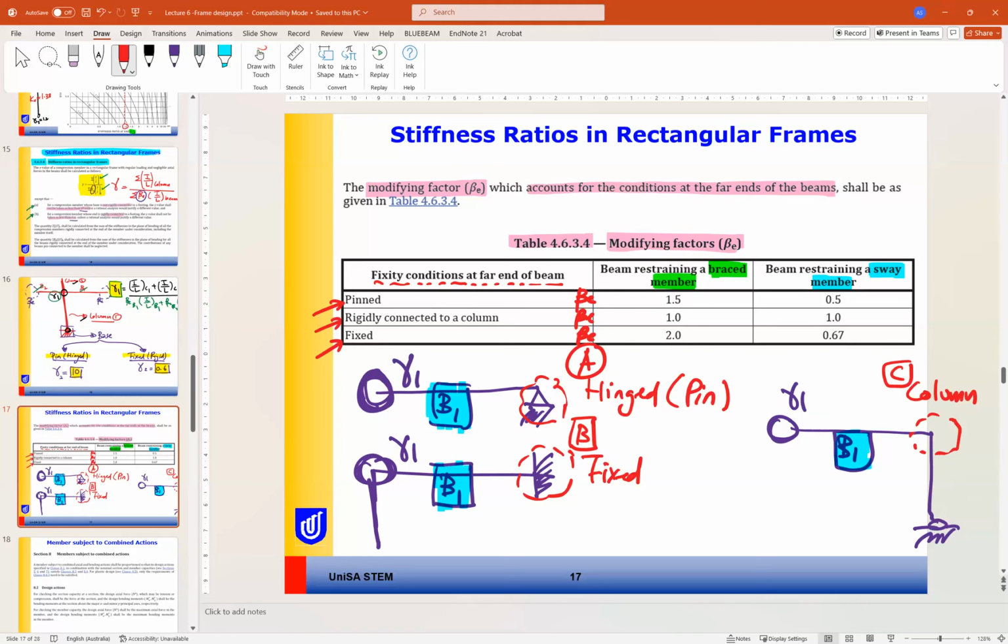Okay, so we can call this case A, this case B, and the middle is case C. So when you are calculating gamma for a column, at the top end of the column, and you are looking at the beam, you should look at the other end of the beam. It can be hinge or fixed or rigidly connected to a column. Okay, are these cases okay? No problem?